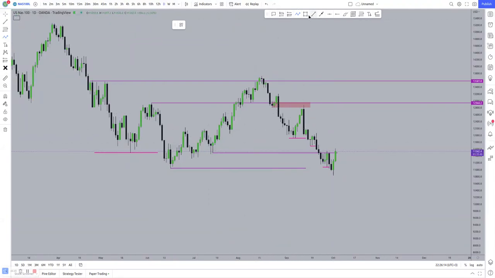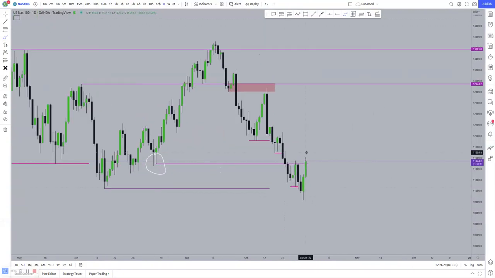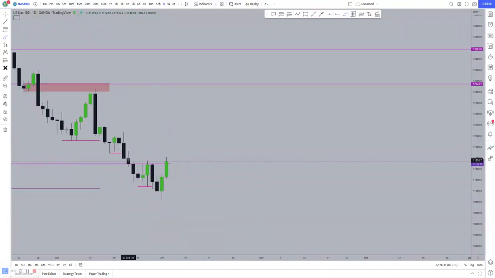Look at this here. Look at this swing low. Price takes it out here. Can you see that? I'm gonna zoom in. Can you see it? Price takes out that liquidity from here. We go back into it. We fail to close above, and then we go down.